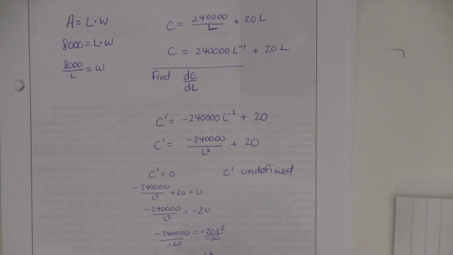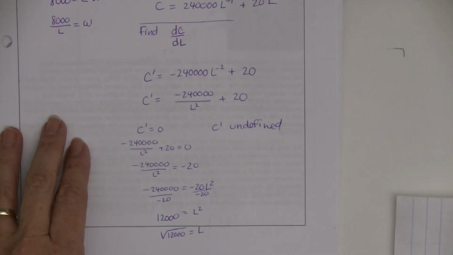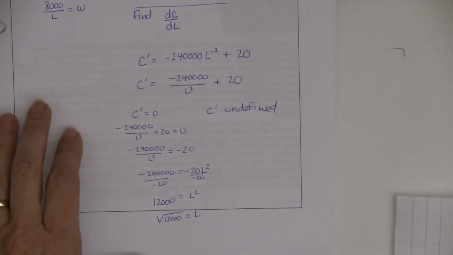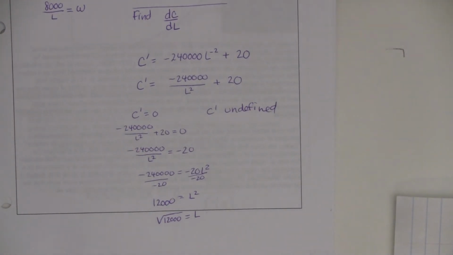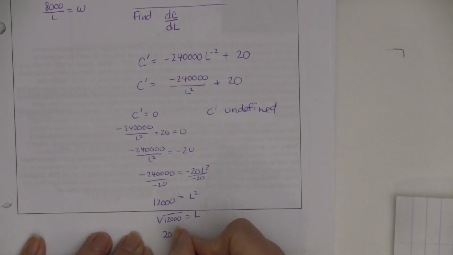I'm going to take the square root of that, and I'm not going to worry about the negative because you can't have the length of your fencing be negative, right? So the square root of 12,000 is 20 square root of 30 exactly.